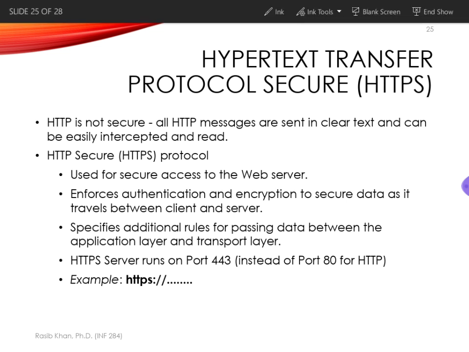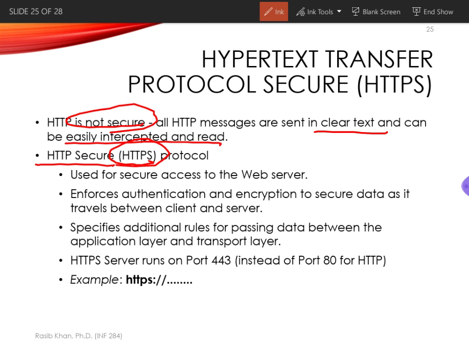The problem with HTTP is that all messages are sent in clear text. As a result, it's not secure, and it can easily be intercepted by an attacker on the network and can be sniffed easily. So the secure version of HTTP is HTTP Secure, or HTTPS.